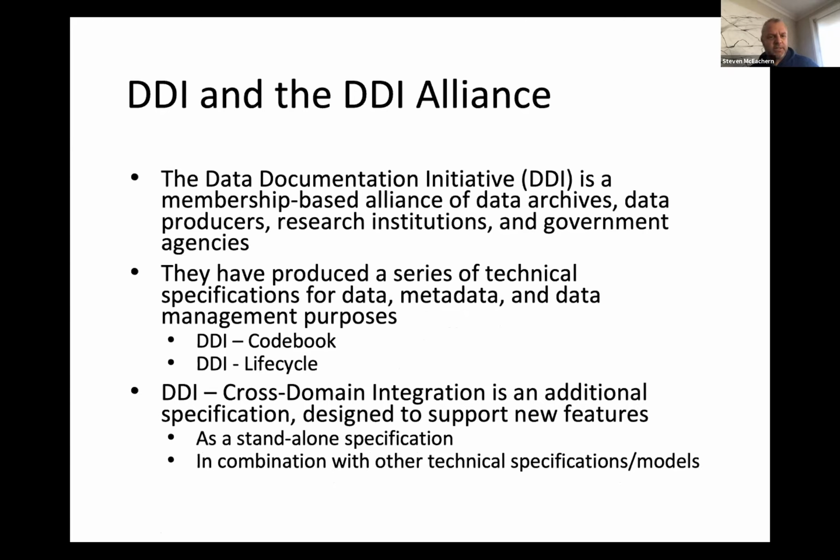The two existing ones are known as DDI Codebook, which is basically for data description, DDI Lifecycle for data management and particularly data collection, and a new specification called DDI Cross-Domain Integration, a new release we're putting out for comment around data integration, which we hope has some opportunities as well.